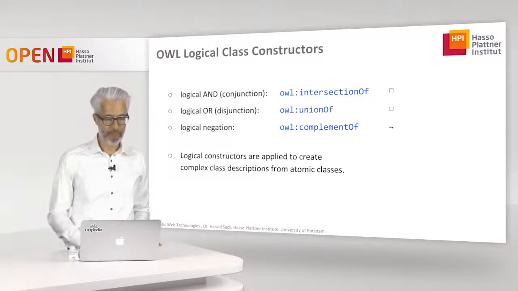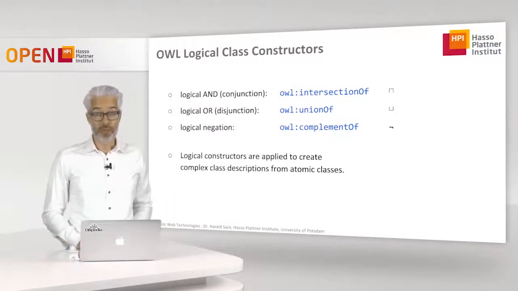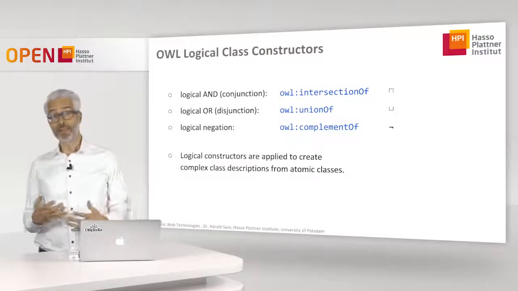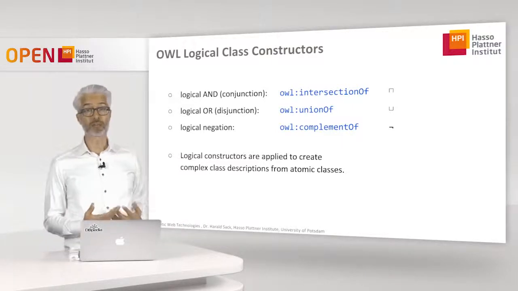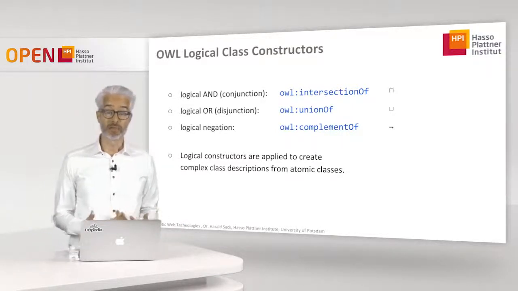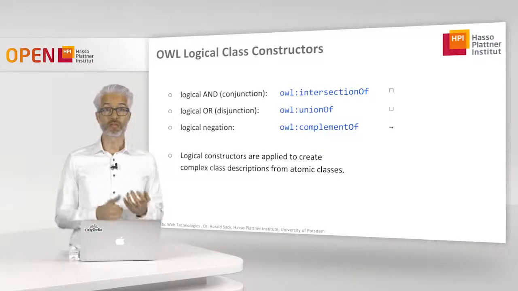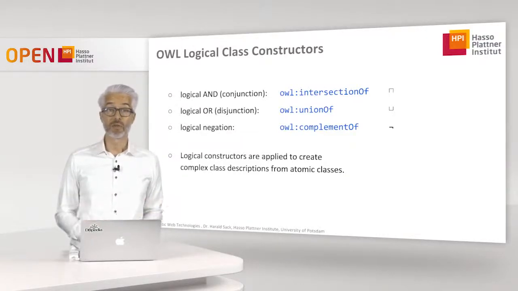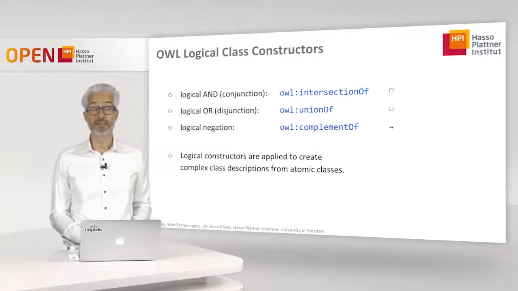Okay. Then, of course, we have the possibility to define more complex classes with the help of class constructors. And we know these already from description logics. These are first the conjunction, which is expressed with the OWL keyword owl:intersectionOf.